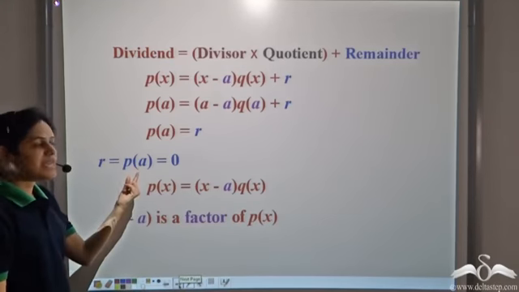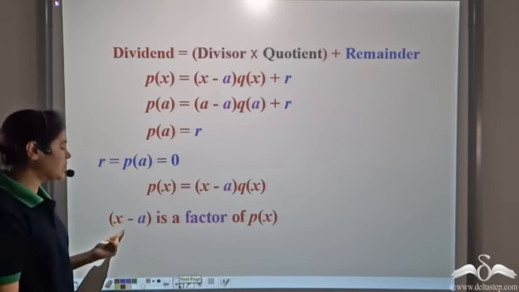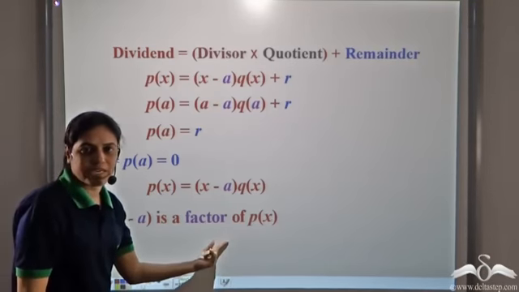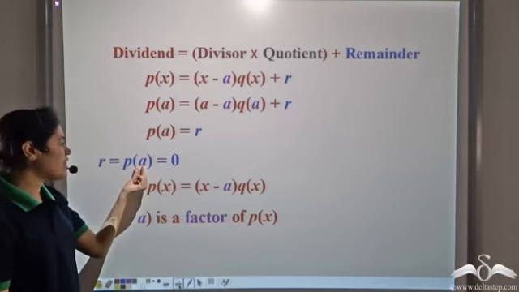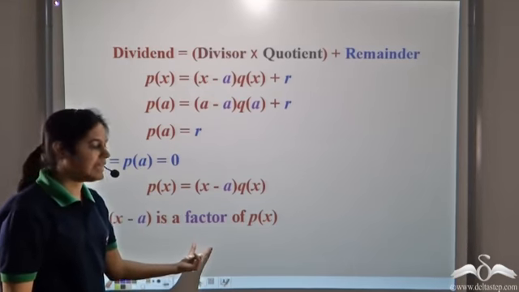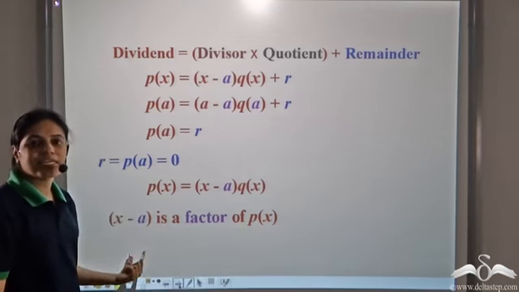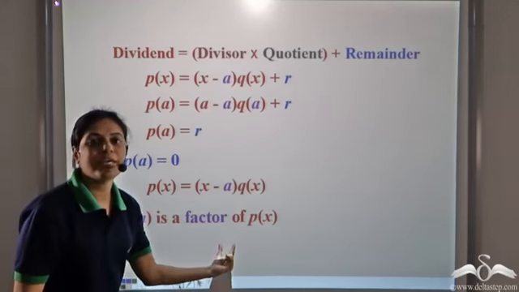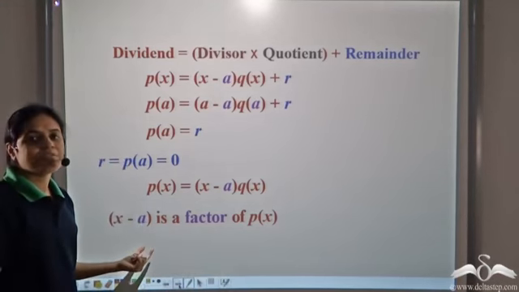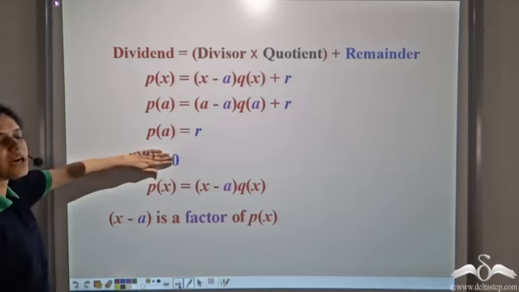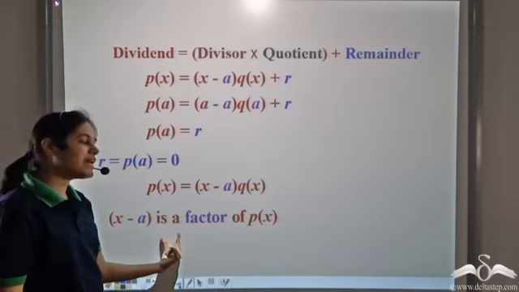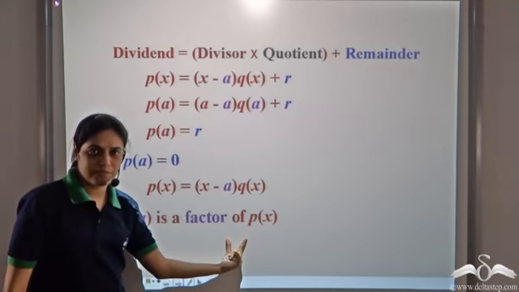So if p(a) is equal to 0, we can say that x minus a is a factor of p(x). Whenever we have p(a) equal to 0, x minus a will completely divide p(x). That is, x minus a will be a factor of p(x). Now for the time being, say we do not know anything about p(a), but we know that x minus a is a factor of p(x).